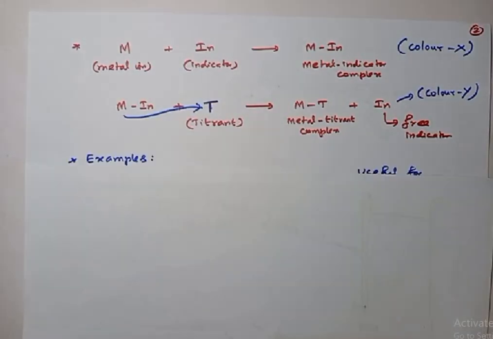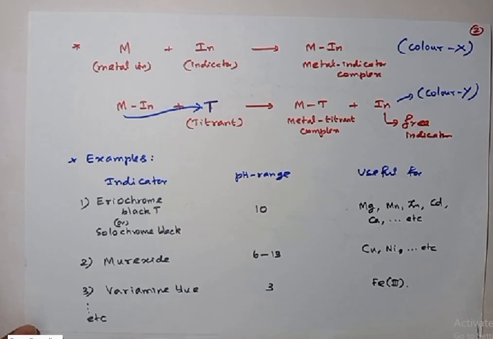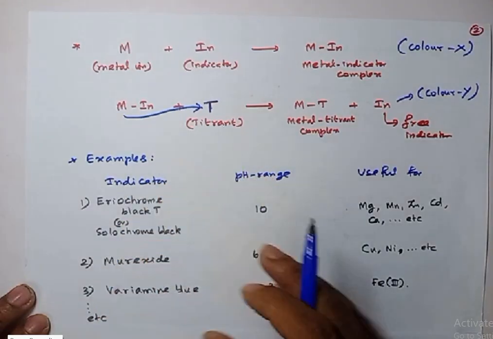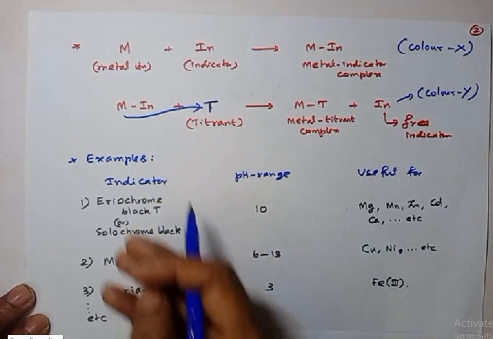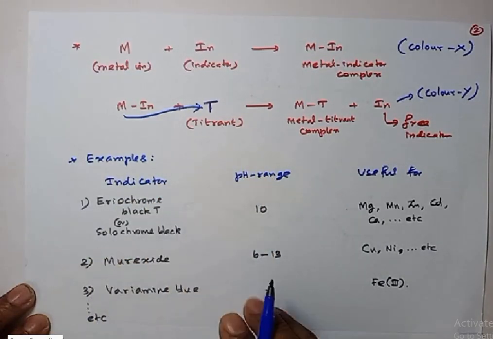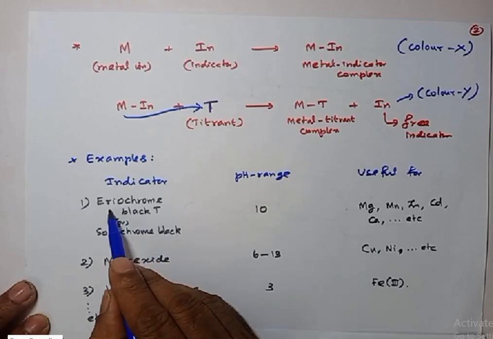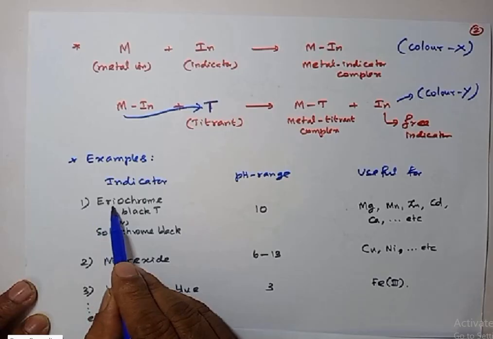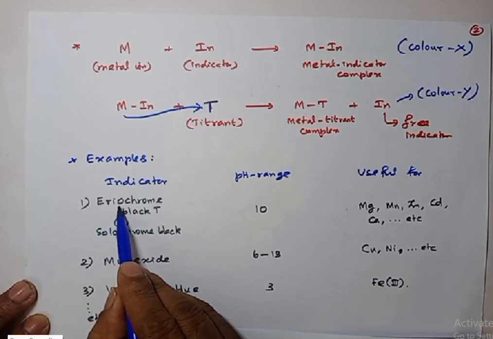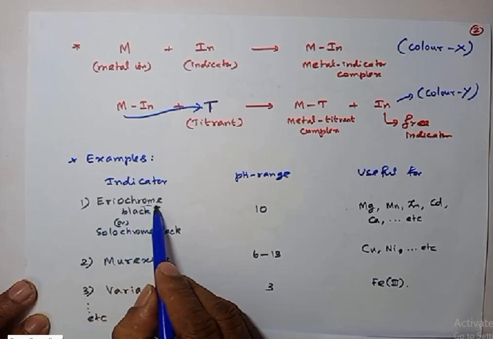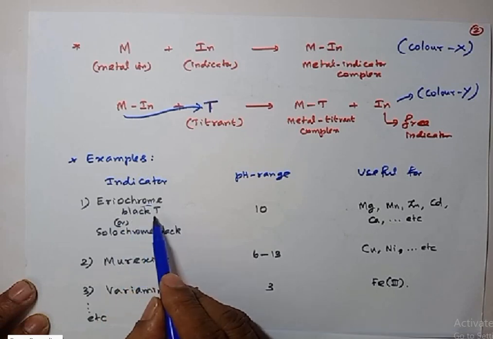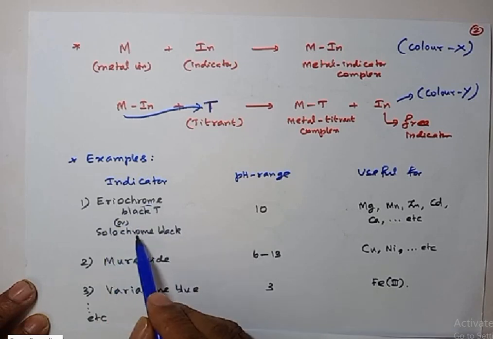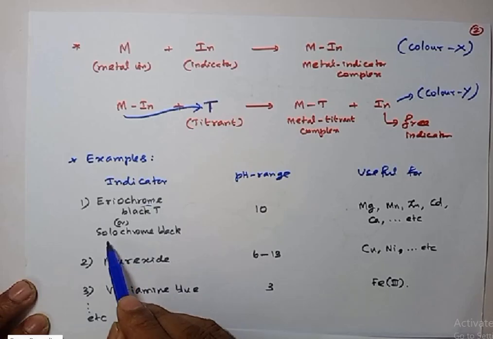Now, I'll give some examples of metallochromic indicators. There are actually so many indicators, but I have given just three here. Listen, the first one is eriochrome black T. Observe carefully, E-R-I-O-C-H-R-O-M-E, eriochrome black T. This indicator is also called solochrome black.